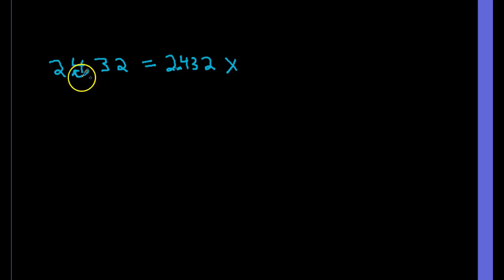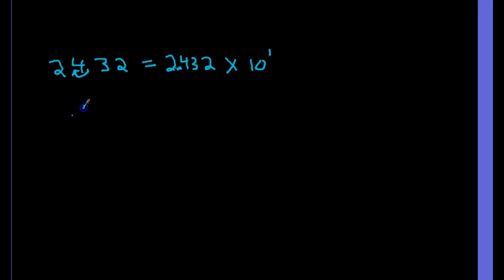Let's do a couple more. Let's just say 24.32. In scientific notation, move it 1 over here, so it's 2.432. 2.432 times 10. We started with a number greater than 1, so it's 10 to the 1.